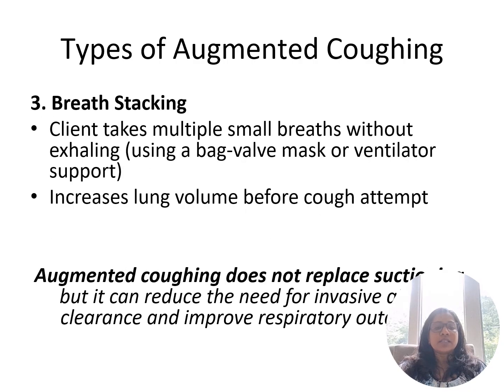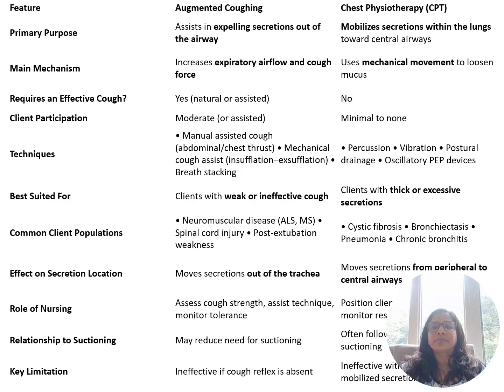Breath stacking is another method you would see therapists using, because they're asked to take a couple of small breaths without exhaling, or we use a bag valve mask. You have seen the ambu bags which we compress, and then help with the exhalation. So the difference between augmented coughing and chest physiotherapy is both are used in expelling secretions.